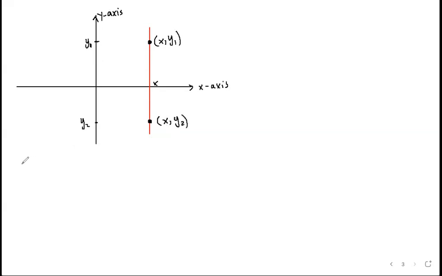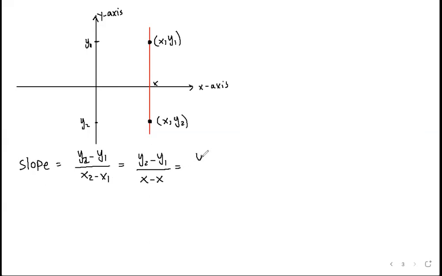What is the slope? It is undefined. So y2 minus y1 over x2 minus x1. You apply the points inside this formula. I get y2 minus y1 over x minus x, same x.